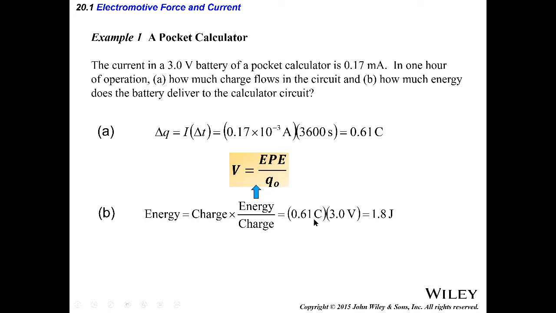I've already figured out this 0.6 coulomb, and you told me that the potential difference between the anode and the cathode is 3 volts. Therefore, the total energy is 1.8 joules. That means my battery supplied this much work.